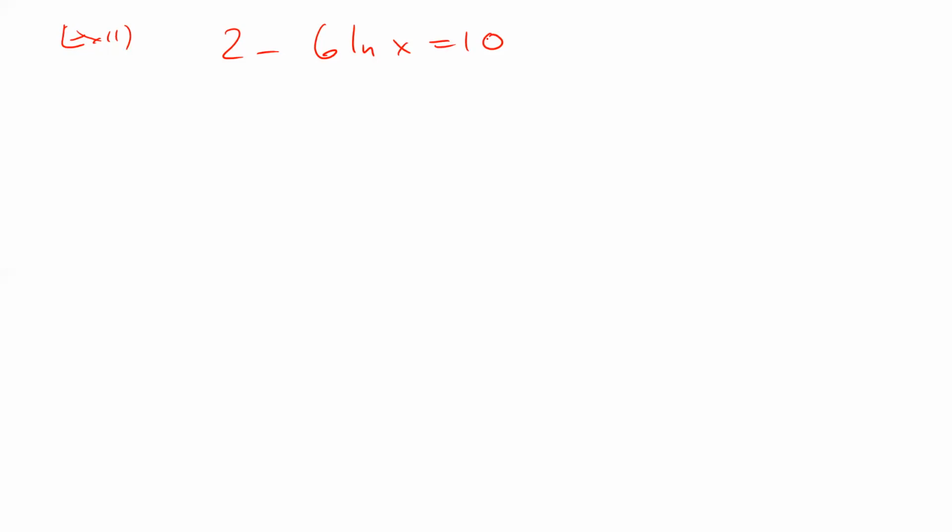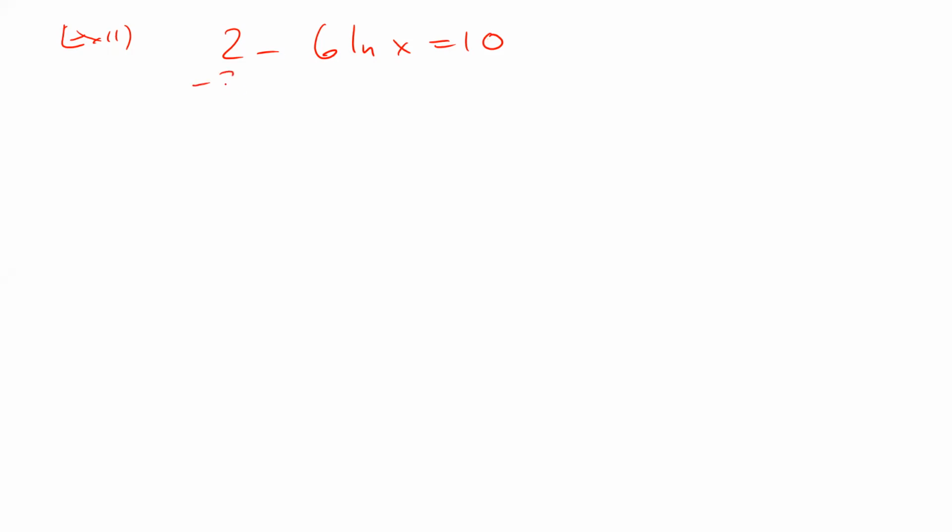All right, anybody with clues how to do this? Trying to get x by itself? Can't do it yet because I don't have the ln by itself. I only do that if I have ln on one side and nothing else there. So let's get rid of everything that's not ln of x on the left.